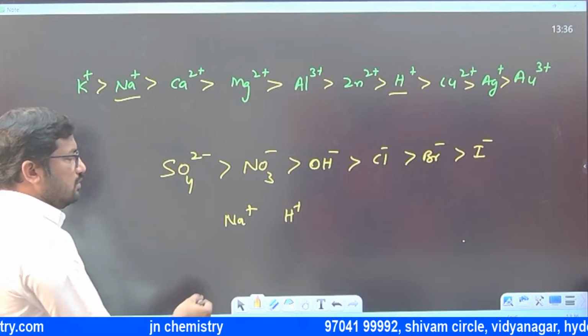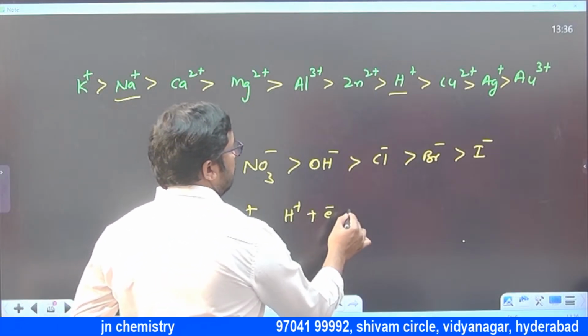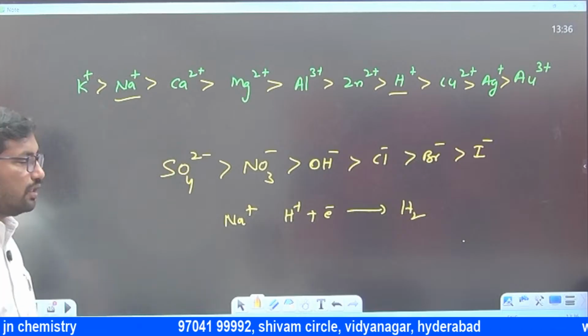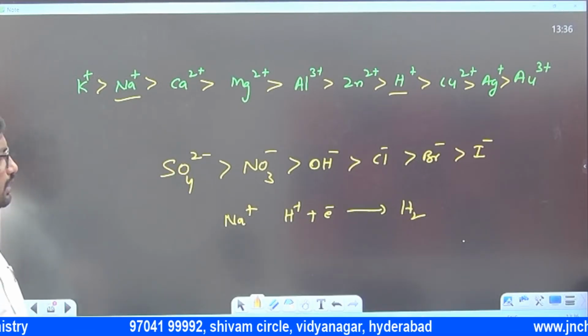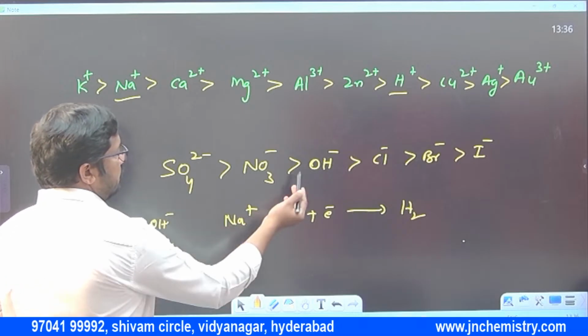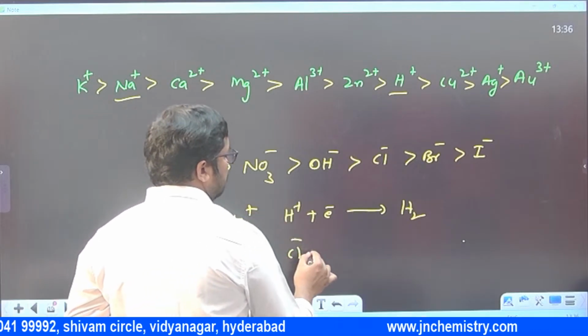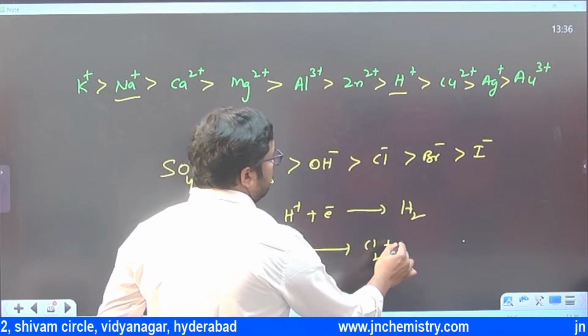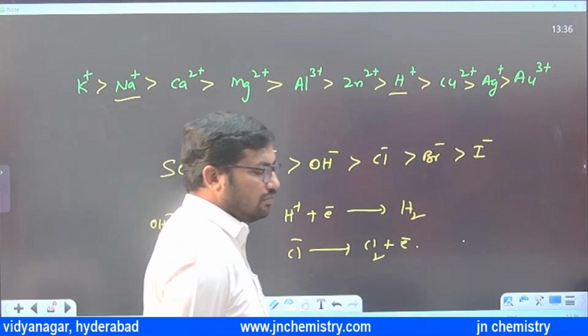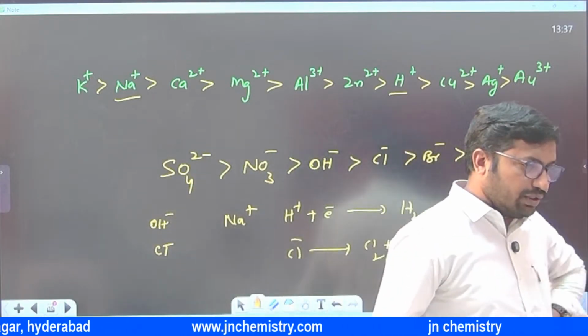H plus. So H plus undergoes reduction to hydrogen gas at the cathode. And between OH minus and Cl minus, obviously Cl minus is oxidized to Cl2. Write it down. Preferential discharge potential theory.